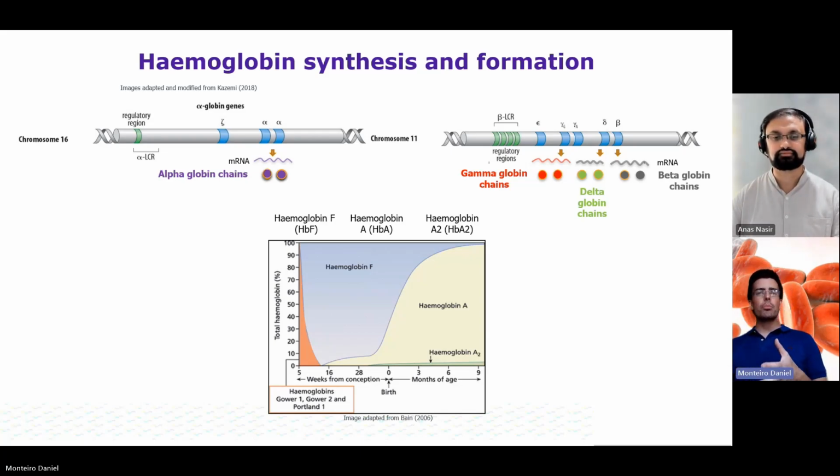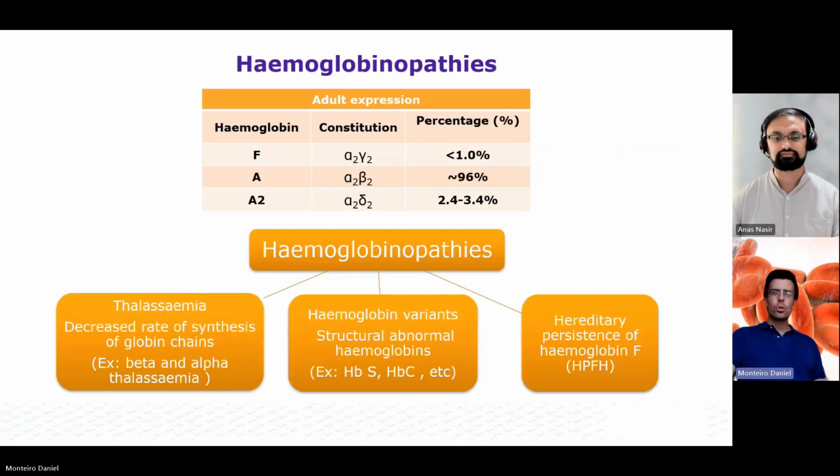So this is where they are produced, how they are formed. So how much are we actually talking about? Because haemoglobinopathies, when very much summarized in the table, in adults, you expect to have very small fractions of what you had when you were born. So hemoglobin F. Hemoglobin A is going to be, again, the main hemoglobin that is going to be present, completely functional.